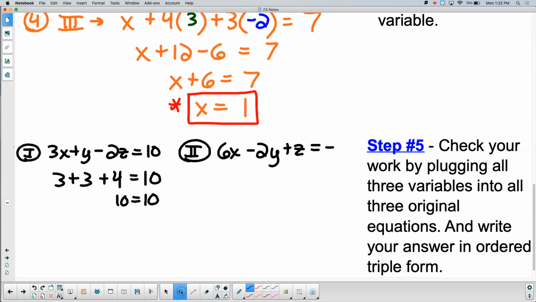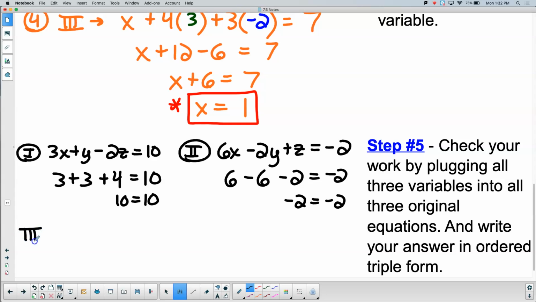Hit the wrong button. Scared there for a minute. 6 times 1 is 6. 2 times 3 is going to be minus 6. And z is negative 2. Oh, and that gives me negative 2 equals negative 2. Checks out there. That's a good thing.